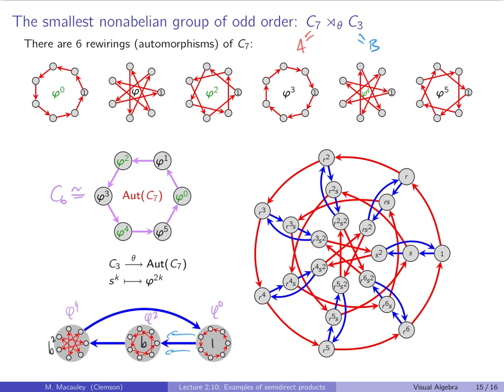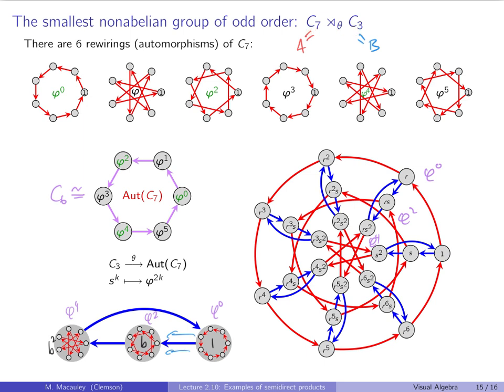So this node here is like this ring of nodes here. This inner ring is this rewiring. So this outer ring is phi, the 0. This inner ring is phi squared, and this most inner ring is phi to the 4th. And I always have my students do this for C7, or sorry, for C9 and C3.